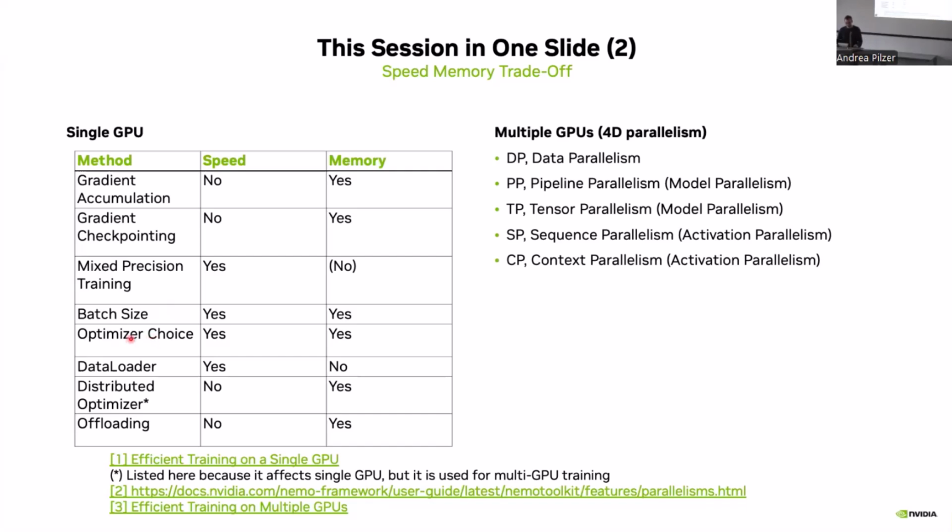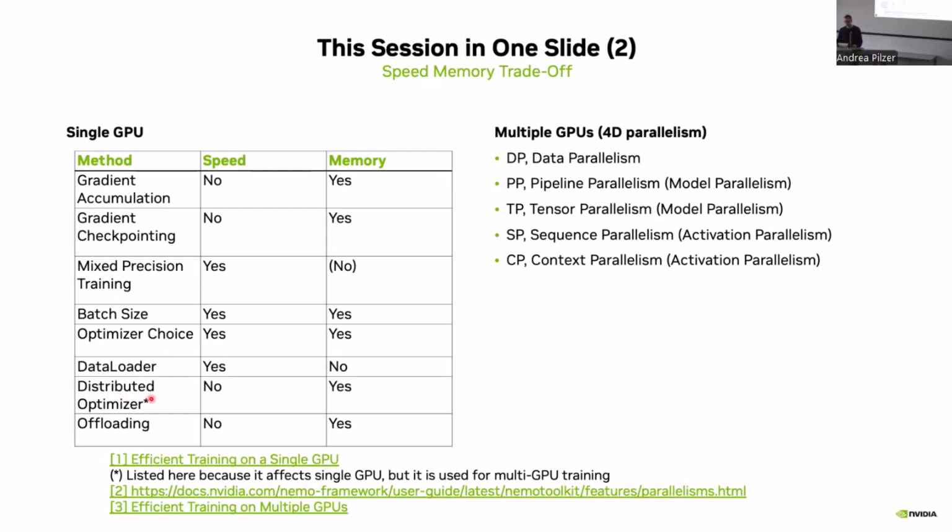And the optimizer is also quite important because I don't know if you ever checked, but for example, the Adam optimizer uses 12 bytes per weight. So it's a huge optimizer. You end up having more memory allocated for the optimizer than for the model and weights and everything. Data loader is something that I showed you in the example before. It is very important how we set it up.